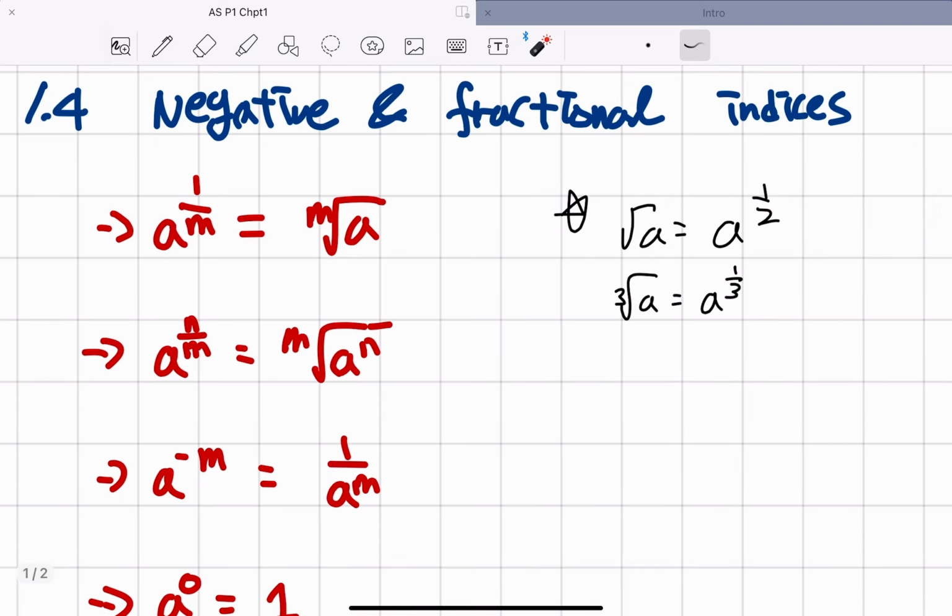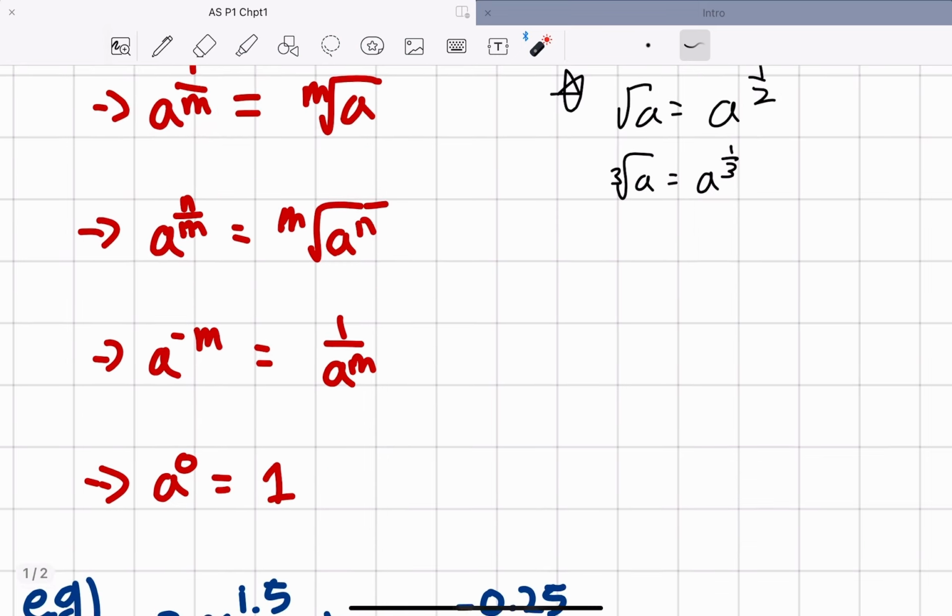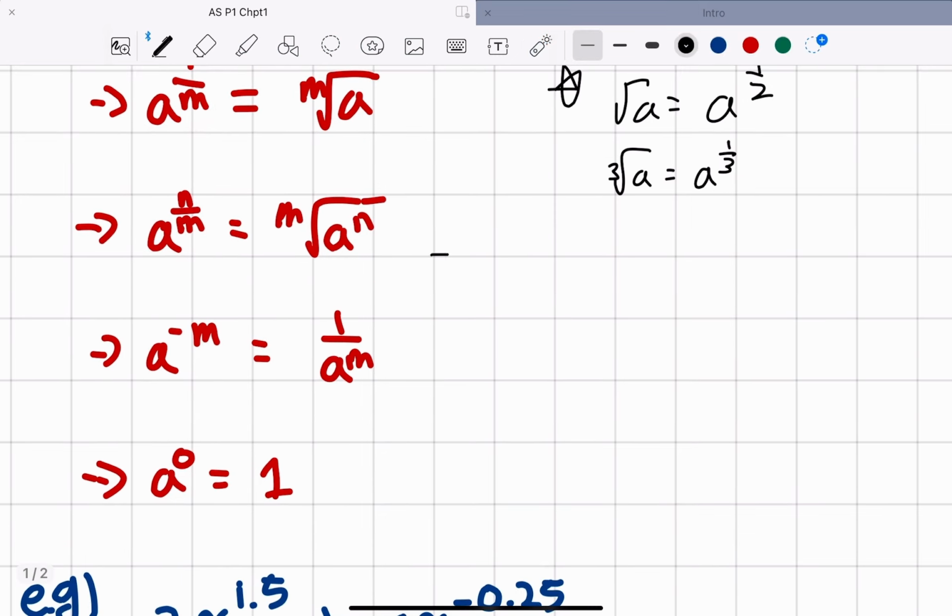So if this one is m, then we can just write down as a to the power of 1 over m. Okay? And the second one, you can also use the same example. So what if we say square root of a cubed? We should write down as a cubed to the power of 1 over 2, right?